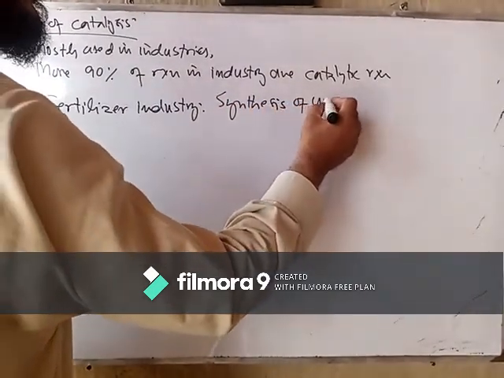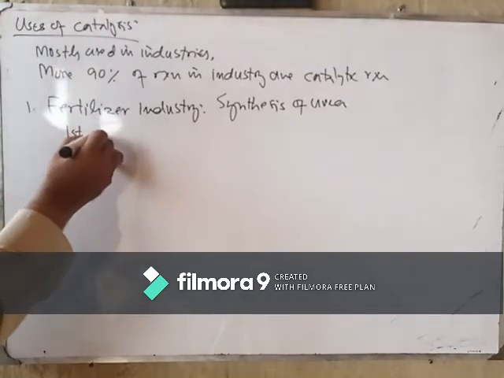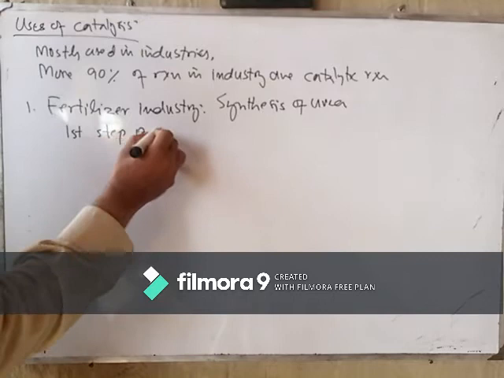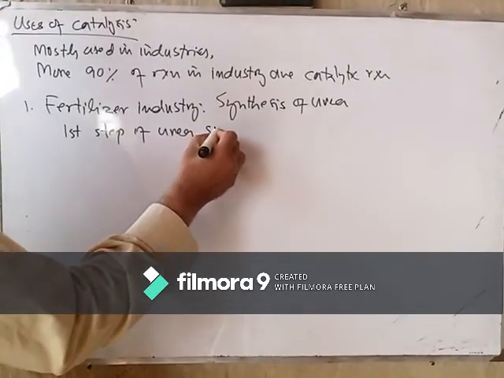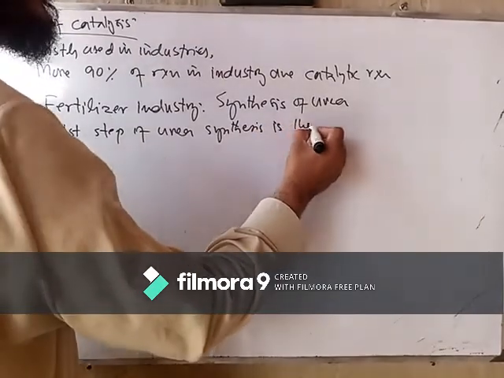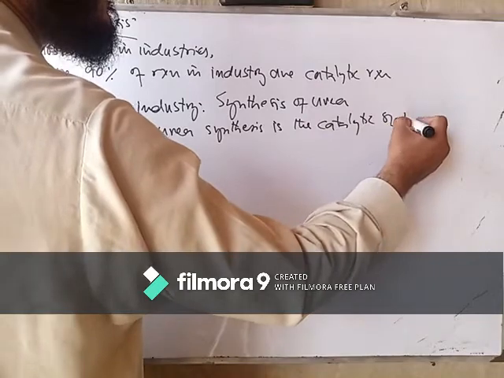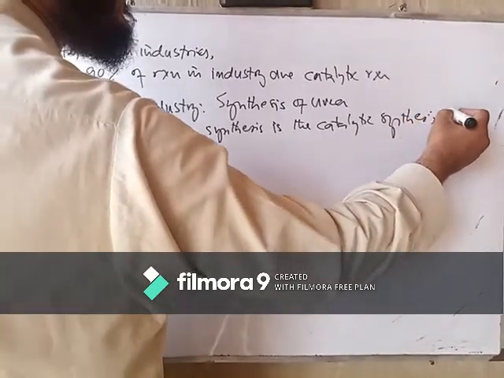The first step of urea synthesis is the catalytic synthesis of ammonia.